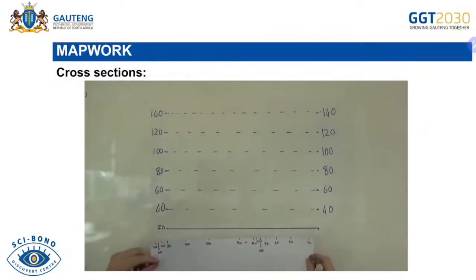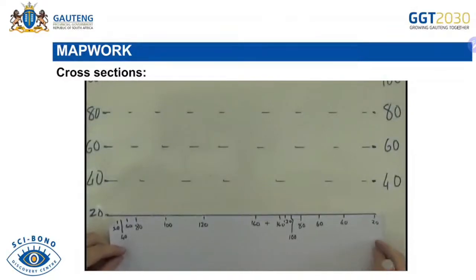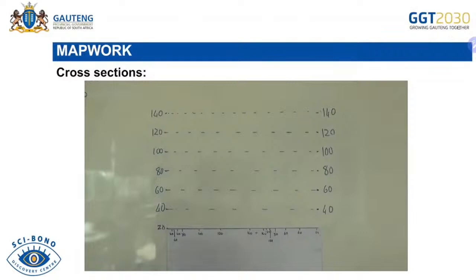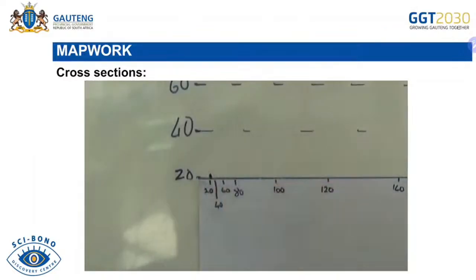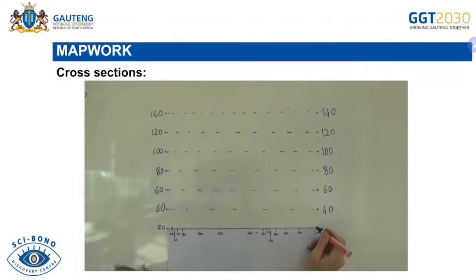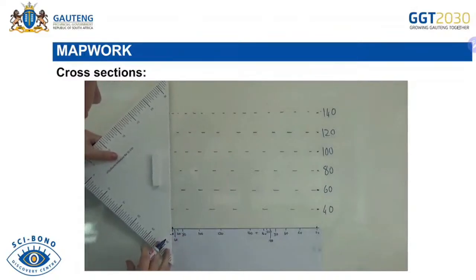Okay, step number 2 now, once again, it's very important not to let your paper slip. And here we have 20, so you just make a little marker there, same on the other side. I just want to make 100% sure that I'm working accurately.